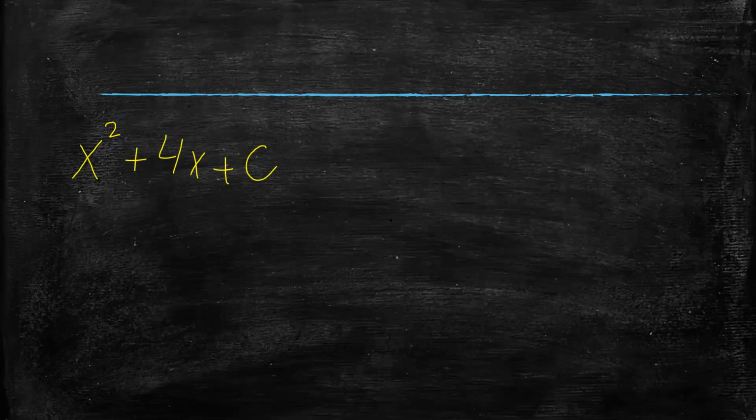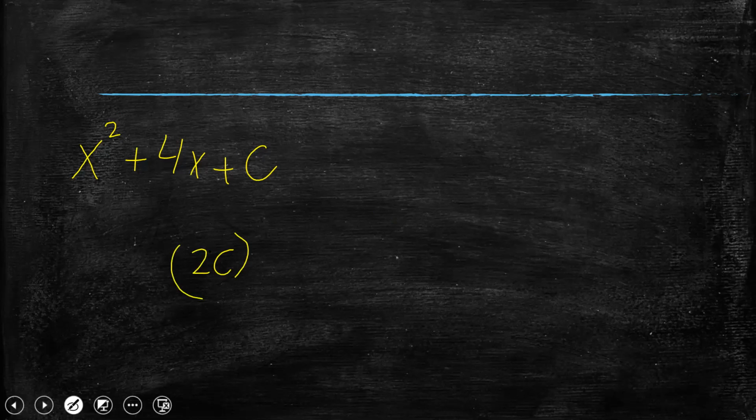I want to make it a perfect square trinomial. What is a perfect square trinomial? That if I multiply 2 times the square root of c, I will get the 4.